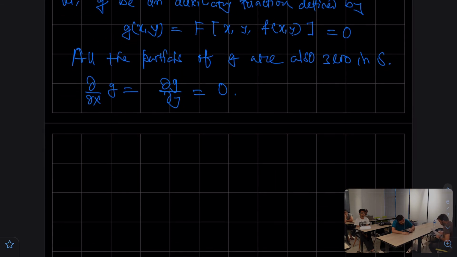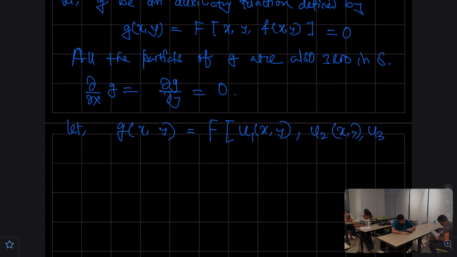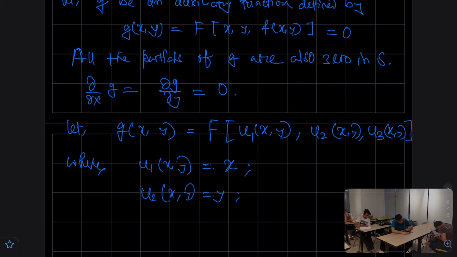Now, again, let's make more redefinitions. You have u of x comma y, u1 of x comma y, u2 of x comma y, u3 of x comma y, where u1 of x comma y is x, and u2 is y.